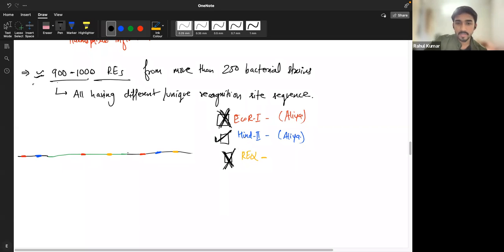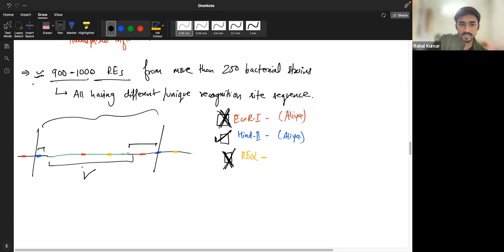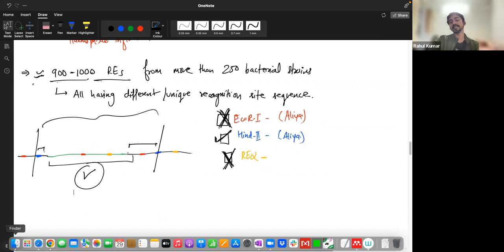So the only option we have is HindIII, because it will cut here and here, and this whole fragment, though it has some flanking region, so this part and this part is waste, but it has our gene also, which is intact. Correct? So we can easily clone it inside a bacteria by attaching this piece to a plasmid and then sending it into the bacteria by making it a competent cell.